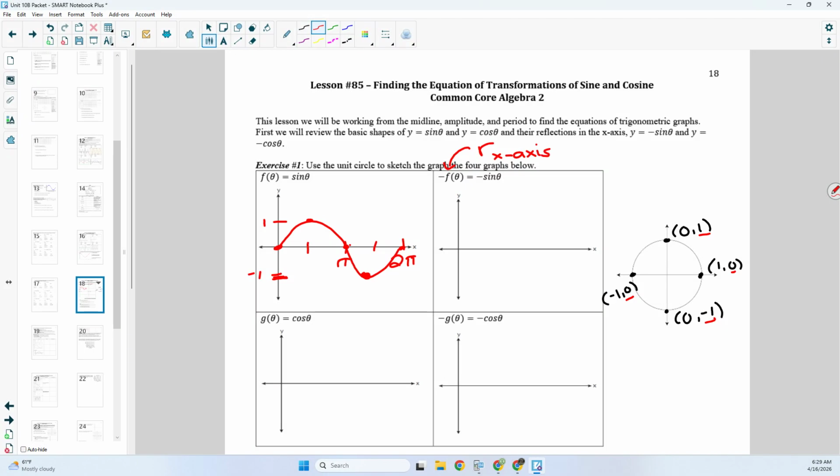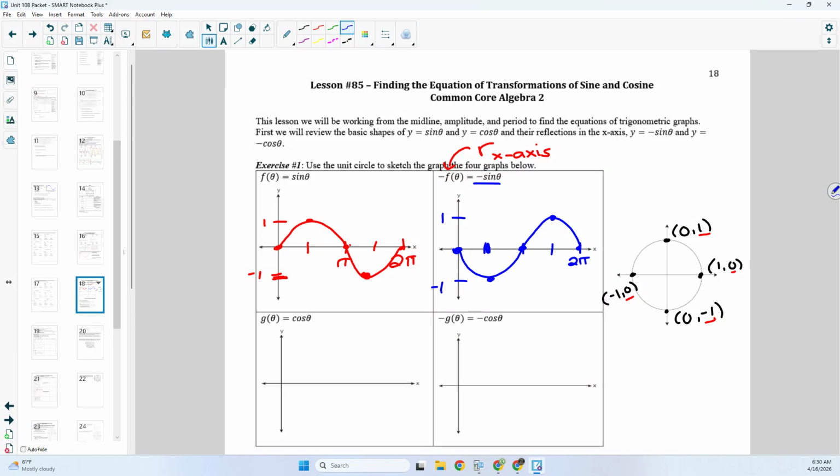So this graph, if I did negative sine of theta, we'll just put a little bit of information down so you can see it. That y-intercept would stay the same. This point, and my scales are not super even, so I'm going to move this over just a little bit. We'll go down, up again, and down. So when I see this type of shape, starting off in the opposite direction, that's going to be negative sine of theta.